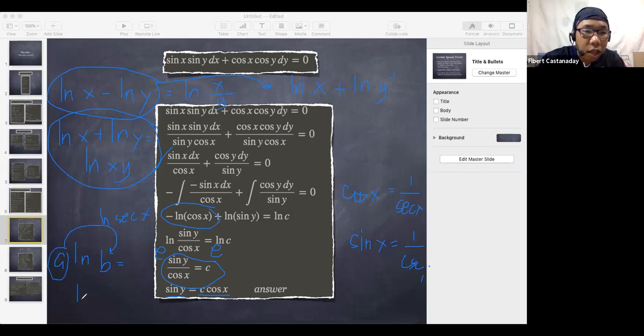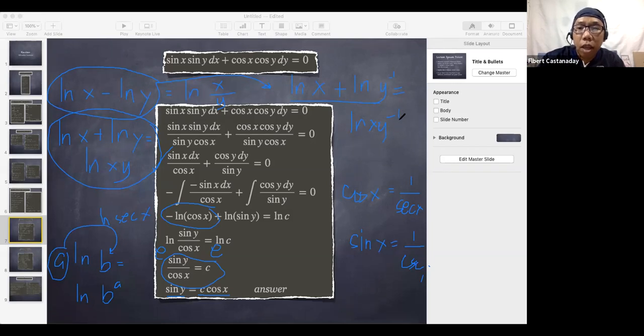So the coefficient here is minus 1, so you can put this in this form. So kung ito yung naalala mo, you can make this actually x times y raised to minus 1.